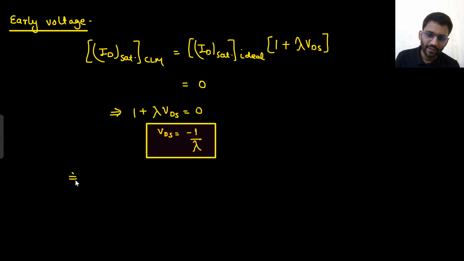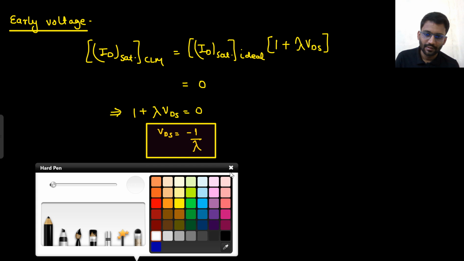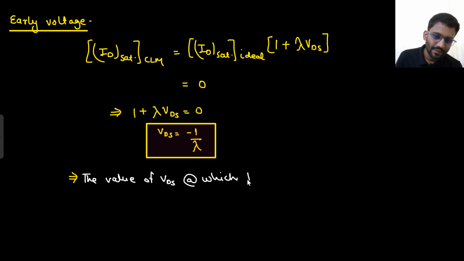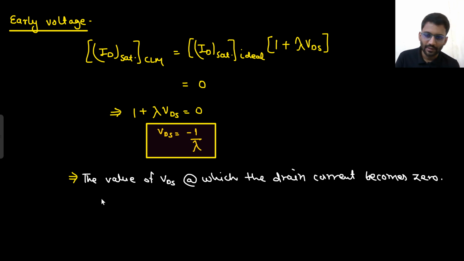So the value of VDS at which the drain current becomes 0, that is known as early voltage.